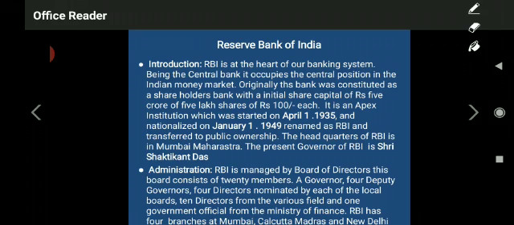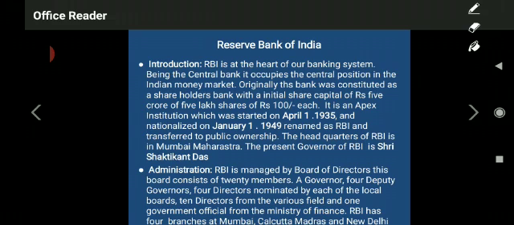Out of those 20 members, one is governor, 4 are deputy governors, 4 directors nominated by each of the local boards, and 10 directors from various fields and 1 government official from the Ministry of Finance.